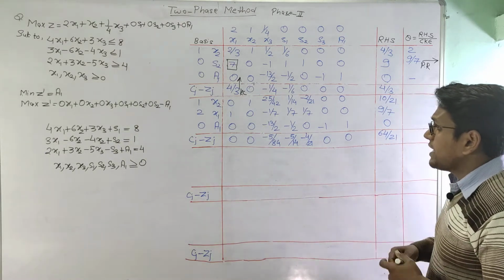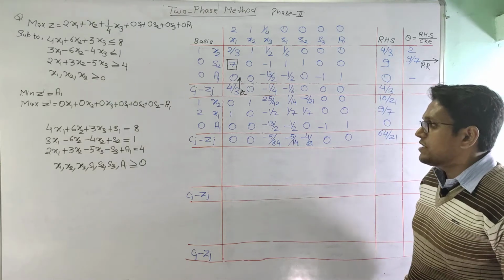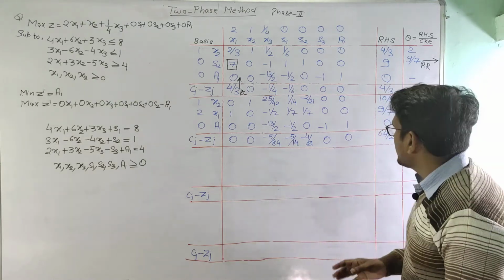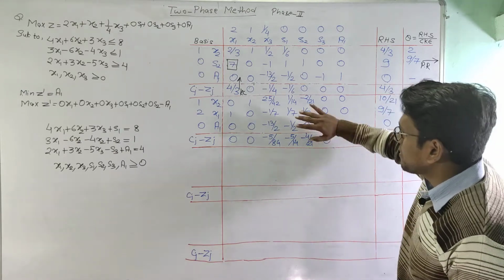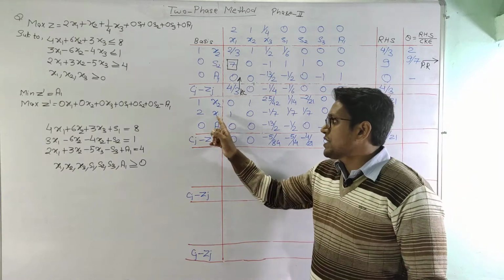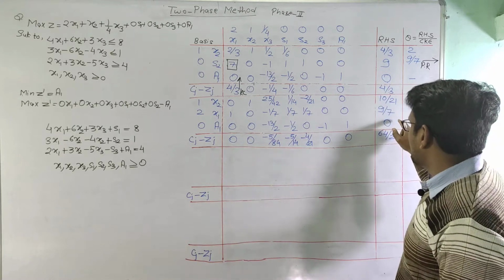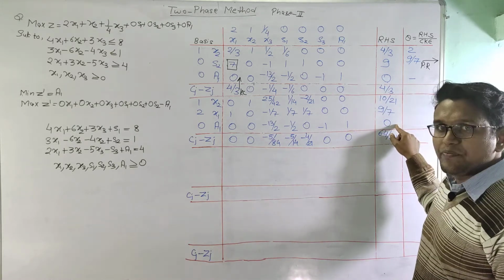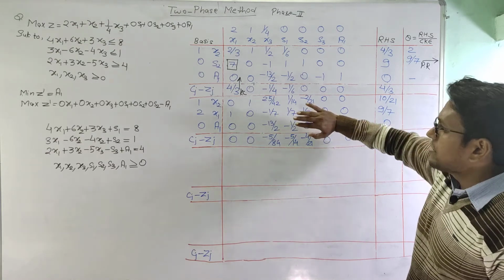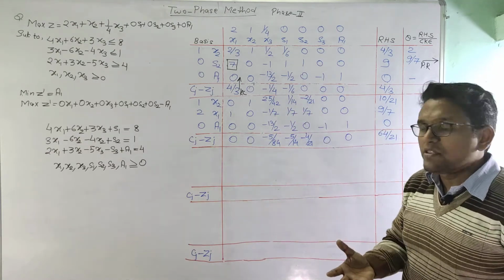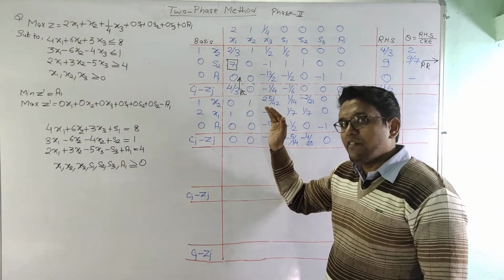Now as we can see that all the elements in the Cj minus Zj row are either 0 or negative. That means we have obtained our optimal solution, and in our optimal matrix we have the artificial variable a1, but because a1 contains a value 0, that means the value of a1 is coming as 0. This is why this can be considered an optimal solution, although the artificial variable a1 appears in the final matrix.